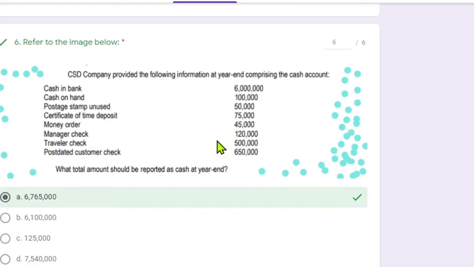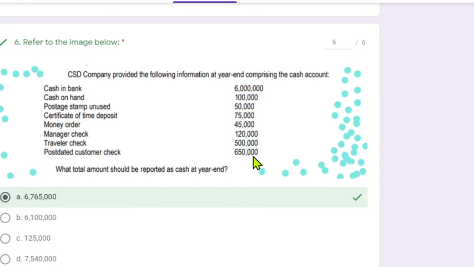Itong post-dated customer check, yan ay hindi kasali because yung date kasi niyan is on a later date. Kahit na yan ay hawak mo na ngayon, yung control sa mismong cash ay hindi pa natin ma-establish dahil hindi mo pa nga yan pwedeng i-encash ngayon, on a later date pa. Kaya siya post-dated. So, ano lang nakasali? Cash in bank, cash on hand, money order, manager's check, traveler's check.